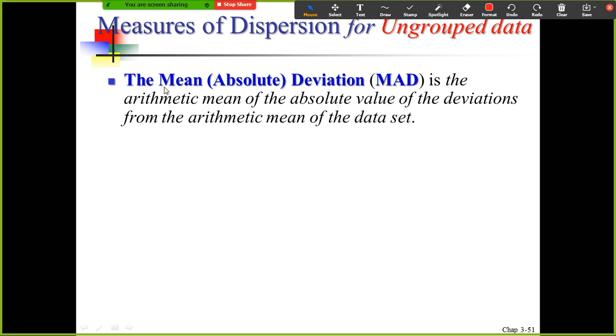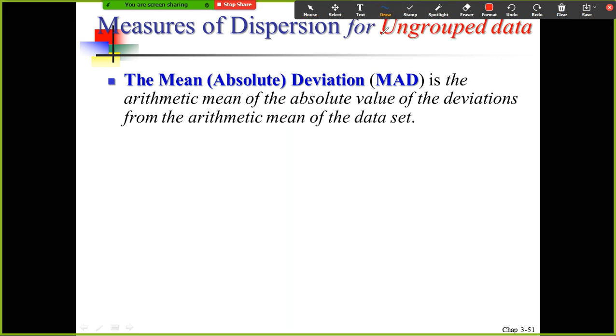The other method is mean deviation or mean absolute deviation. You can call it mean deviation or mean absolute deviation. In short, we have MAD. It is the arithmetic mean of the absolute values of deviations from the arithmetic mean of the dataset.